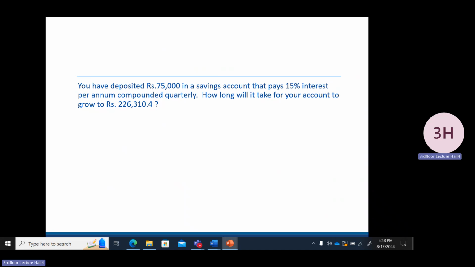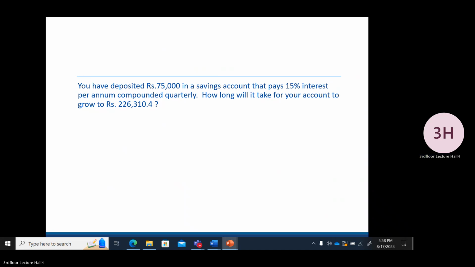Once you apply the log here, this is log 3.017 equal to X log 1.0375.